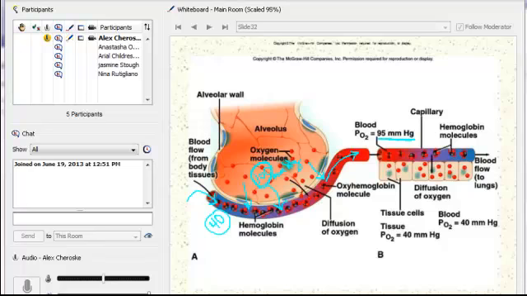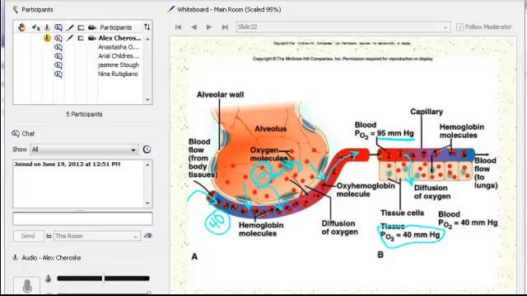Okay? Now when we get down to the tissues, these cells have been working hard, and they've been using up their oxygen, so now we see that their concentration, right? The P there means partial pressure, so that just means concentration. So in the tissues, the concentration or partial pressure is very low, like 40 again. So this time, we're going to see diffusion going this way, out of the blood and into the tissues.